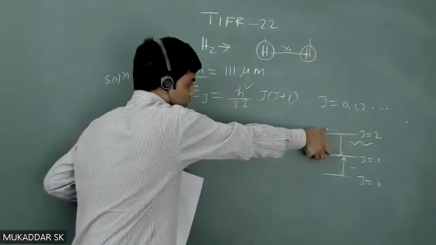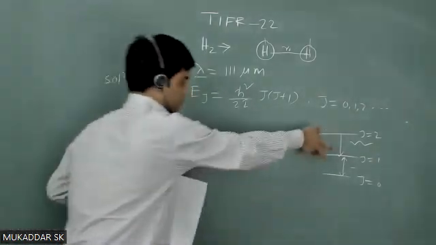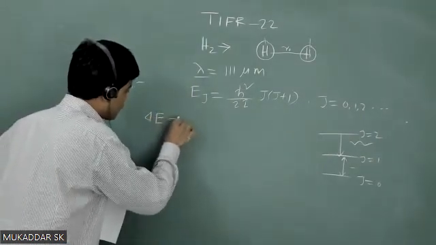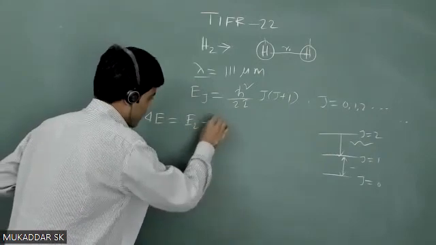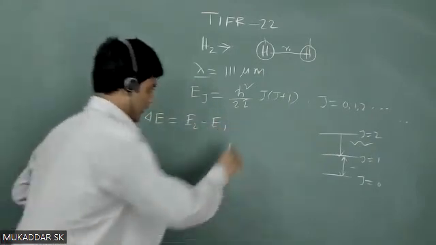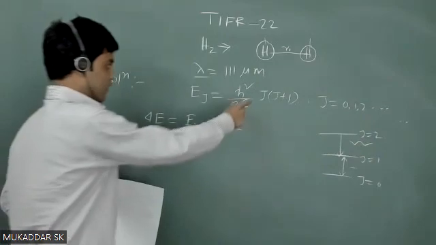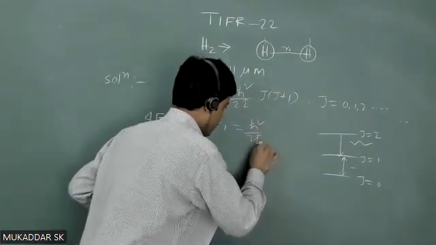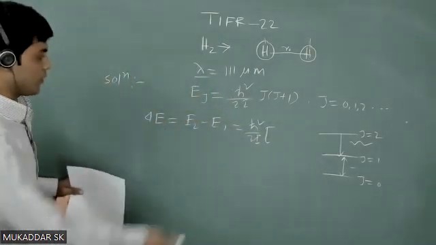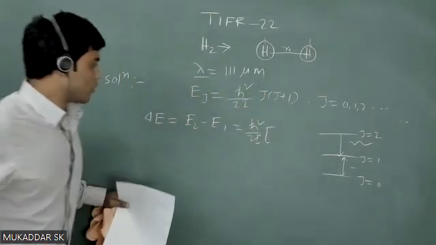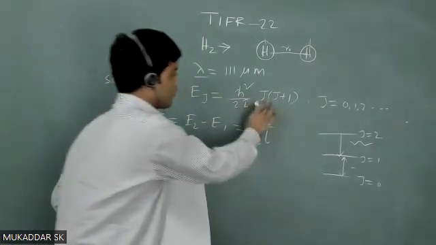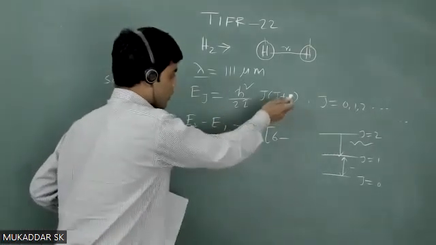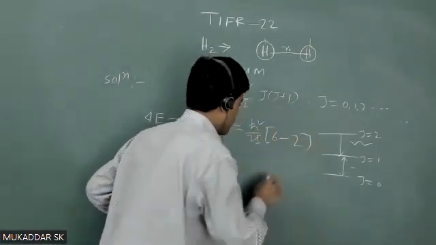So the energy separation between these two states, 2 and 1, how much will that be? I can write delta E equals E2 minus E1. If I do this, I get this term as common, so it will be h cross square divided by twice I. Now in place of J you have to keep 2 for the first term, so 2 into 3 gives you 6, and if you keep J as 1, it gives you 2, that is 1 into 2.